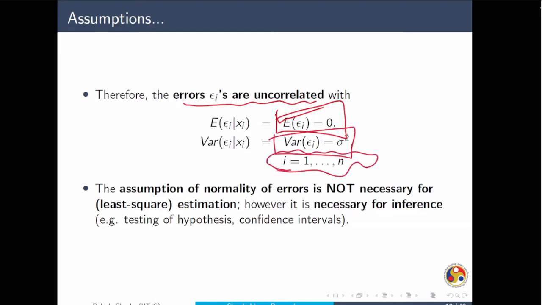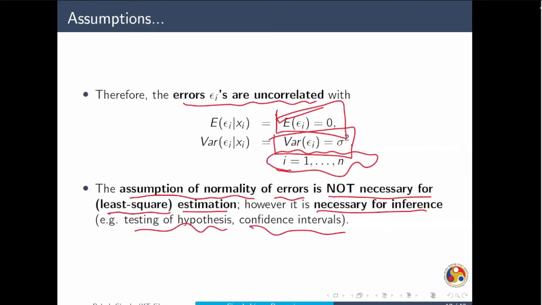The last assumption, normality of errors, is not necessary for the estimation, specifically the least square estimation. That means if your objective is to estimate the parameters only, then the assumption of normality is not required. It is only required when you do inference, the testing of hypothesis and confidence intervals.